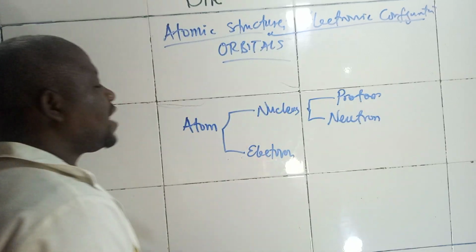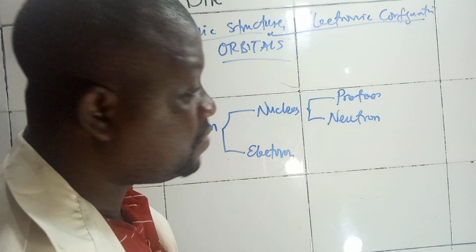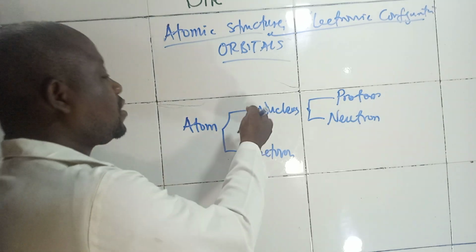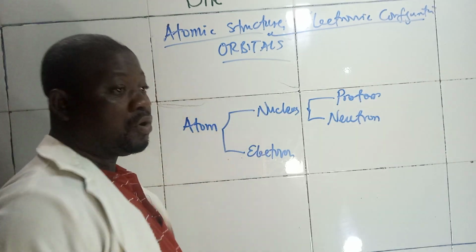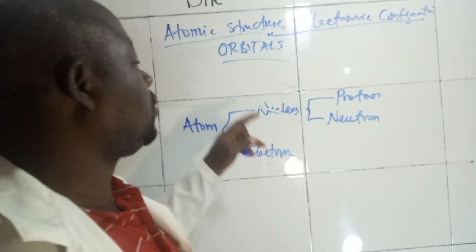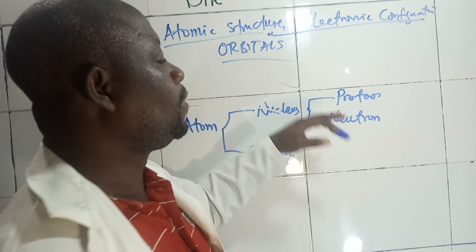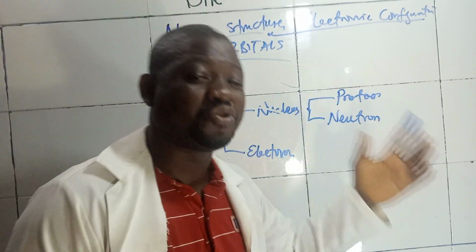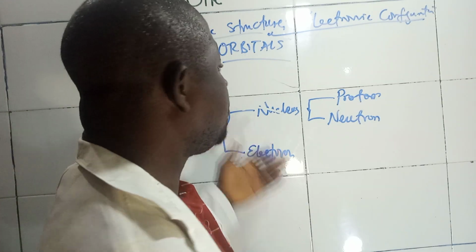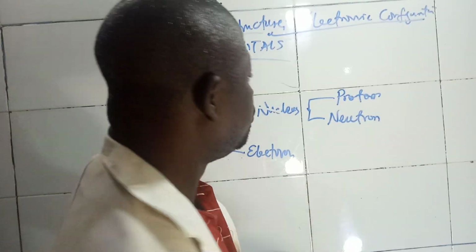So I can say that the atom is divided into two, depending on the information you want to supply thereafter: nucleus and electron. Or I can say that an atom is divided into three. Maybe I just want to skip the nucleus and say it's proton, neutron, and electron. Either you say two or you say three. Your next statement will determine whether you are right or wrong.